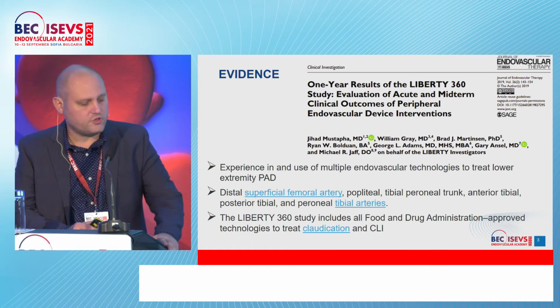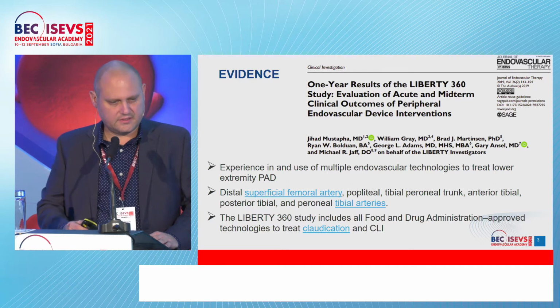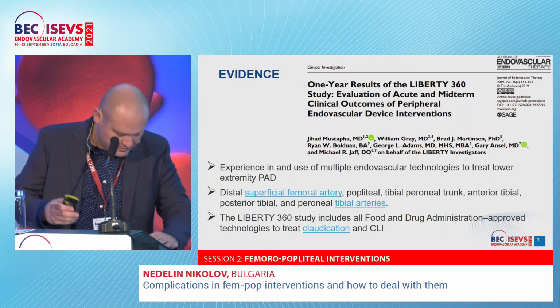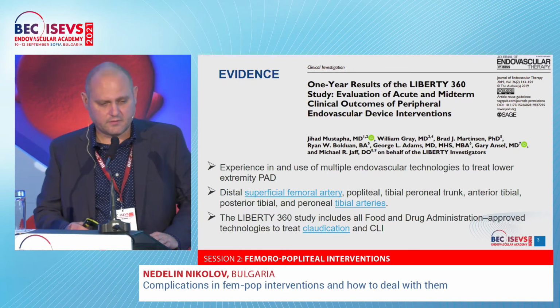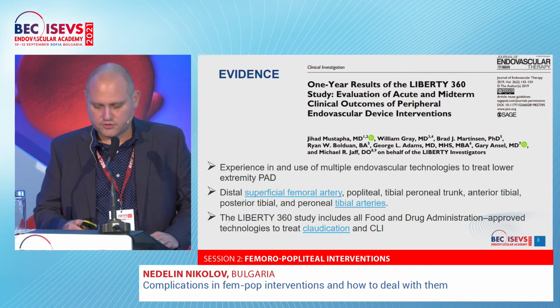So I'll show you just one trial, and this is Liberty 360. It's an American trial with lots of patients, 1,200. What is interesting is that it's called Liberty because they gave full liberty to their operators.